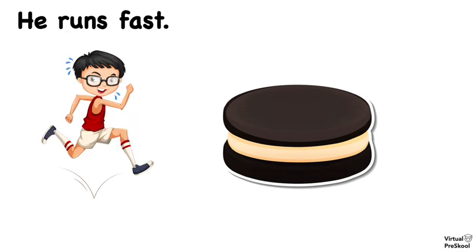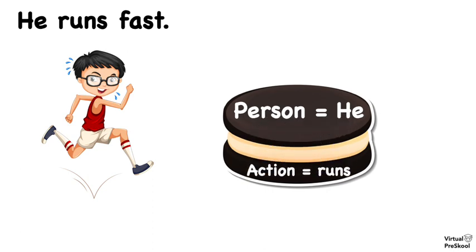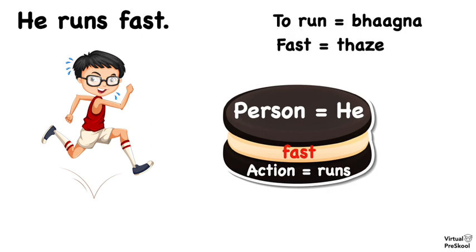He runs fast. So the top cookie is the person, he. The bottom cookie is the action, to run. And the middle is what's left, fast. To run in Hindi is bhagna. Bhagna, and fast is tez. Tez.